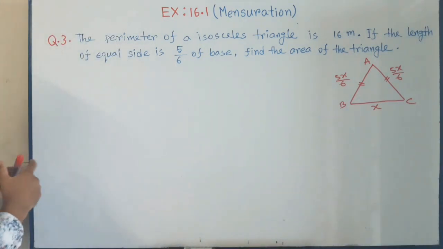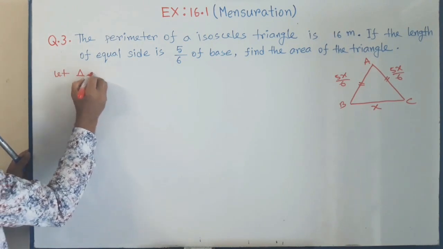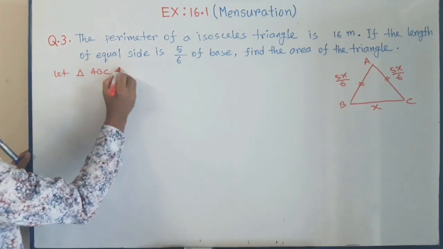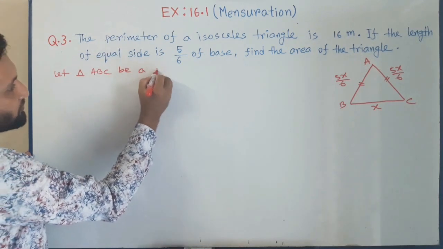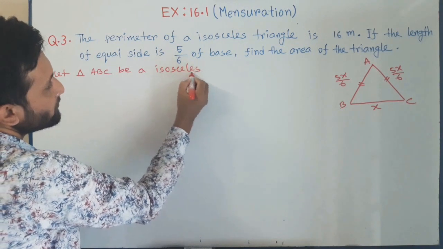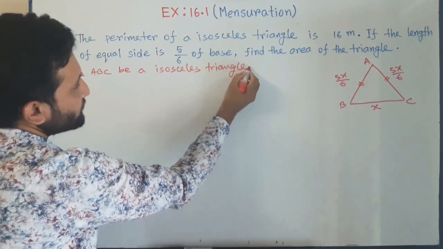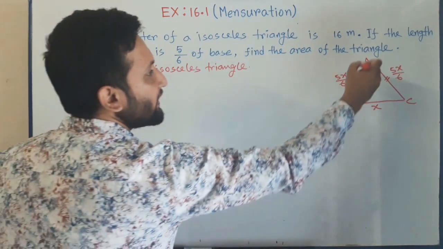At first, let ABC be an isosceles triangle where two sides AB and AC are equal.